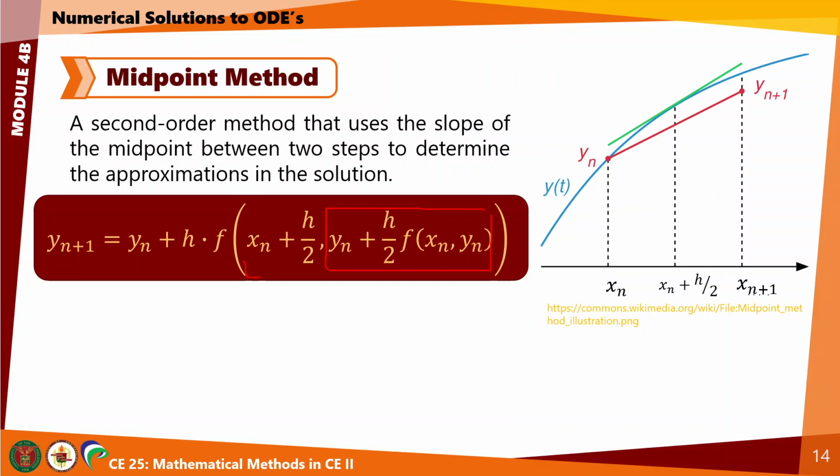So, yung midpoint is yung x equals x sub n or yung previous x plus kalahati ng step size natin. Okay? And at that point, kinukuha, basically, ito yung change in x, di ba? Papunta sa midpoint. So, multiply natin siya sa slope of the tangent line from the initial point, which is still f of x sub n, y sub n.